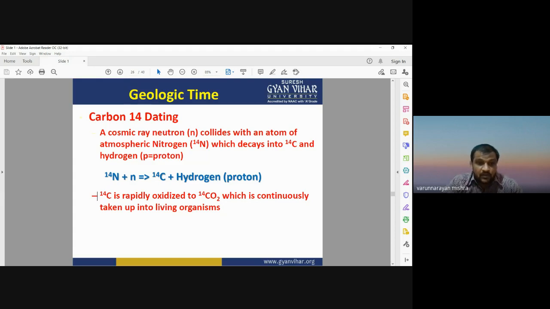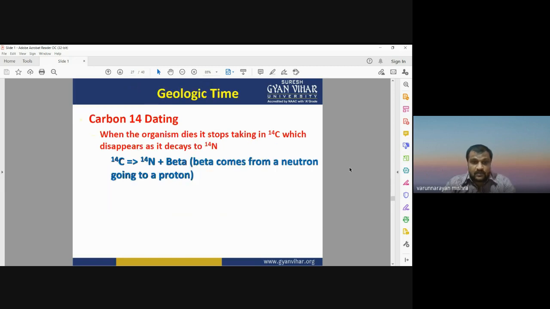14C is rapidly oxidized to 14CO2, which is continuously taken up into living organisms. So by measuring the existence of carbon-14, we come to know the age of that element on the geological time scale. When the organism dies, it stops taking in 14C, which decays into 14N.